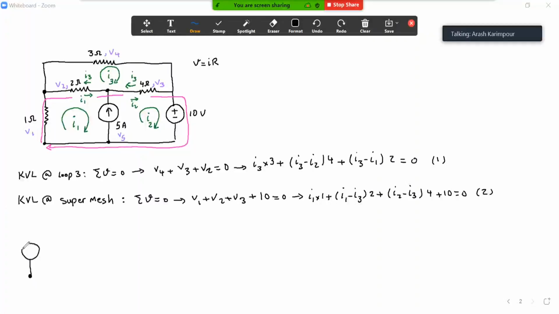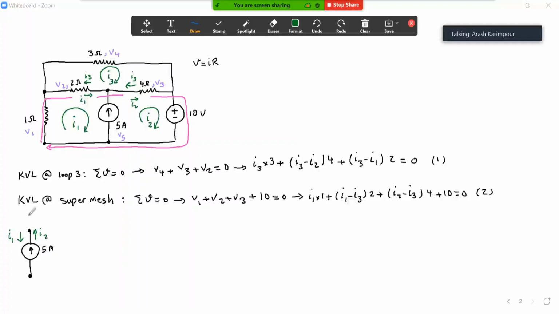They have the current source of 5 amp, and it goes up here. Also in this one, I know that I1 is going like this, so I put it here. So this is the I1. If you look at the I2, it goes up there.